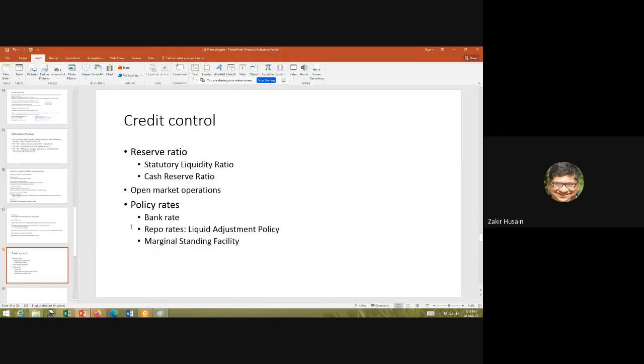See, the money supply is determined by the central bank. The central bank can control the amount of money in the economy through the following methods. There are some other methods also, but we are not considering that.